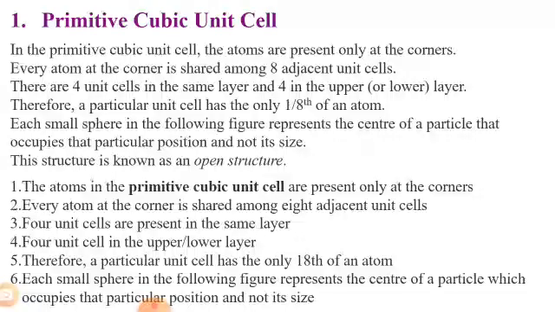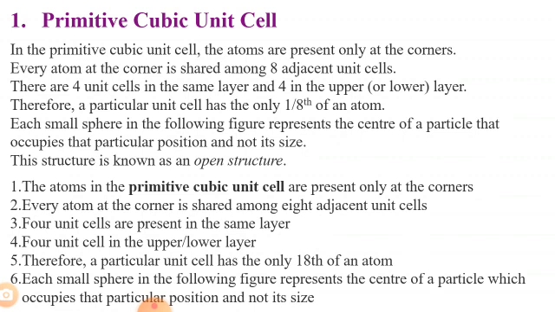First one, or primitive cubic unit cell or primitive system. In simple cubic system, atoms, molecules or ions are arranged at the corner of the cube. In this primitive or simple cubic unit cell, the atoms are present only at the corners.